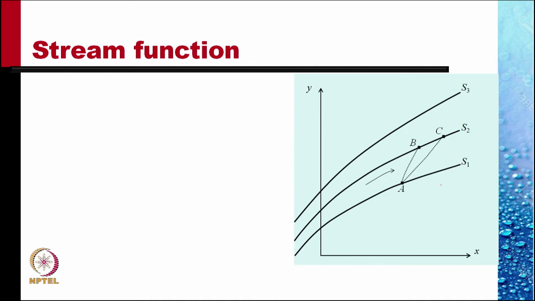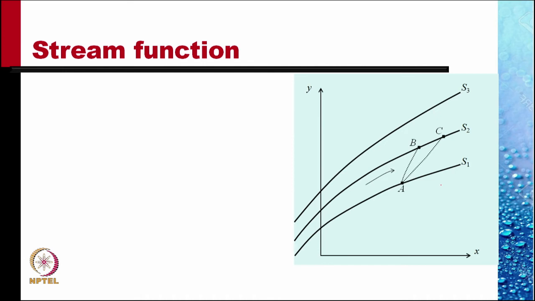Clearly the flow across AB must be the same as the flow across AC. So as before, the flow between two streamlines is constant. The two streamlines actually act like a conduit for flow. No flow crosses the streamlines.